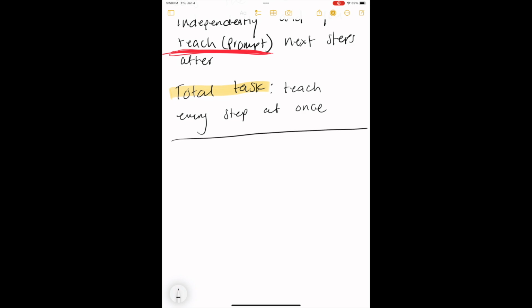So here we have shaping. Shaping, some people explain this in a really complicated way, and it's really not that complicated.